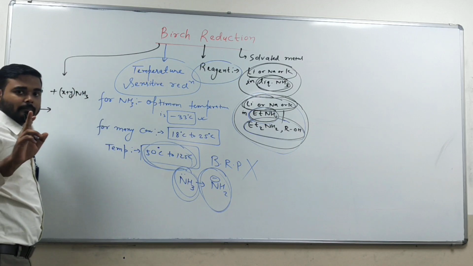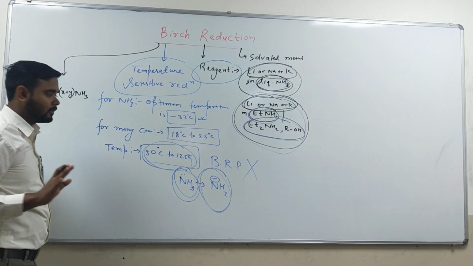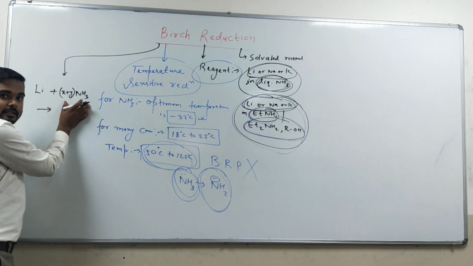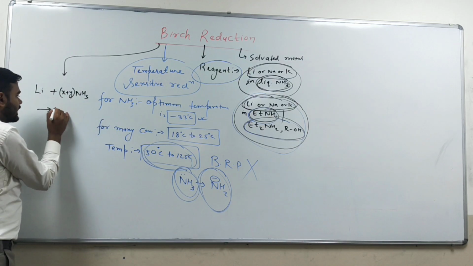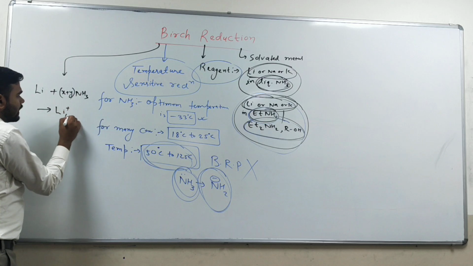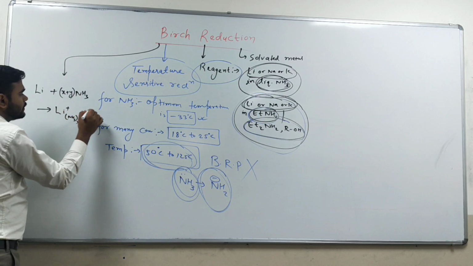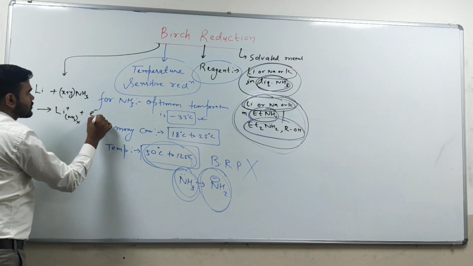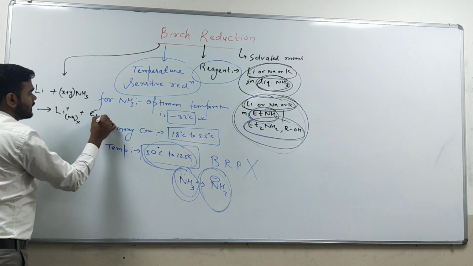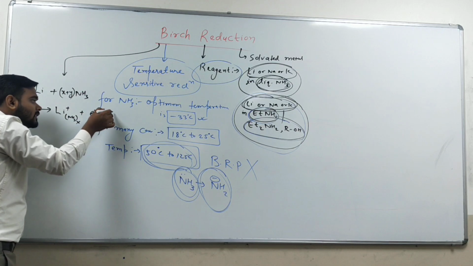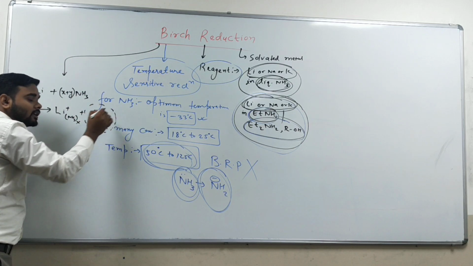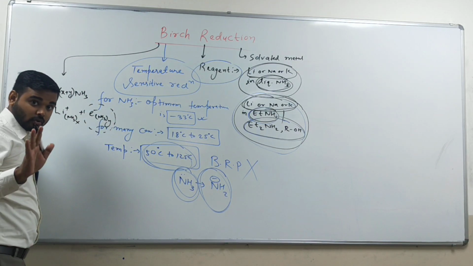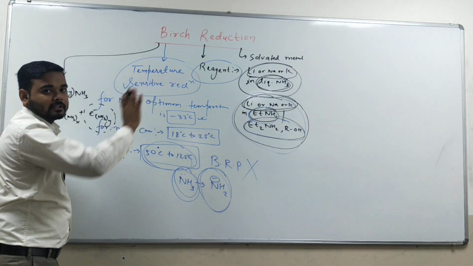There is one electron present in the outermost shell of the lithium, so that will react with ammonia and you will get Li+ (NH3)x plus an electron attached with (NH3)y. This particular electron is called the solvated electron, and this solvated electron is the hero of this Birch reduction.